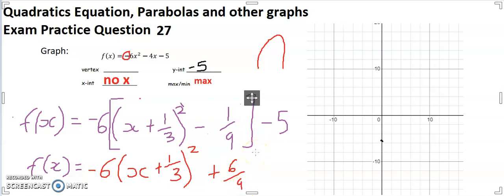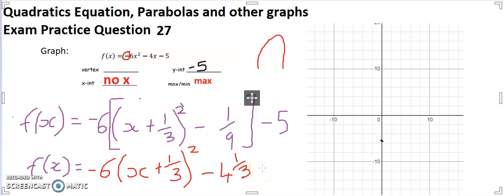Now we know 6/9 is 2/3. So now I'm getting plus 2/3 minus 5. If I've got 2/3 and I am minusing 5, that gives me negative 4 1/3.